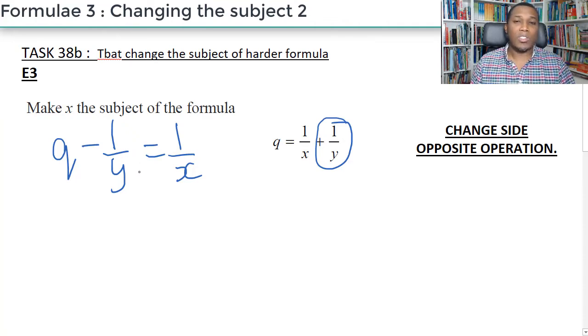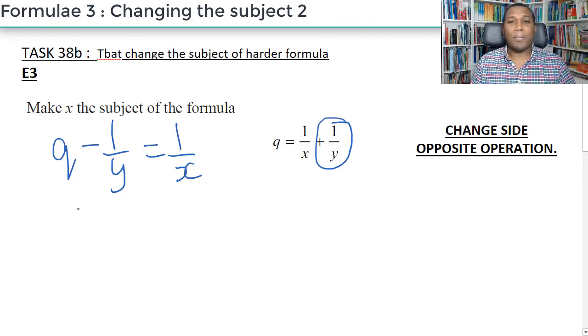In essence, the reason it won't work is because you have an expression on the left-hand side, and the only way you can do that inversion, using the reciprocal, is if it's a single term. So we need to combine Q, take away 1 on Y. We need to rewrite it as a single term. How do we do that?